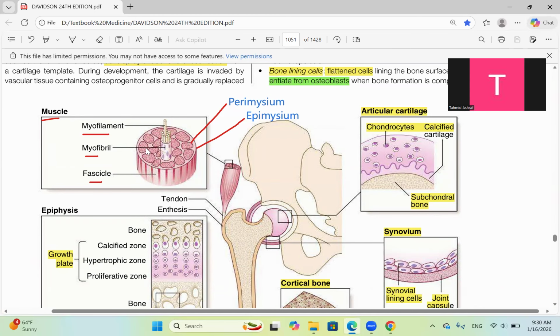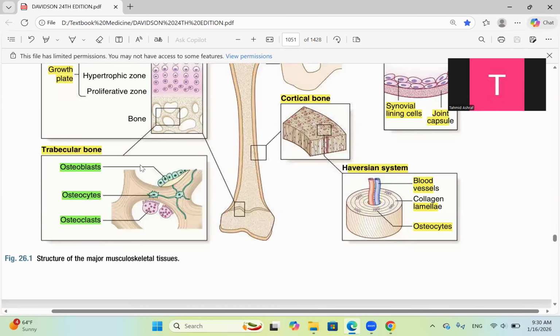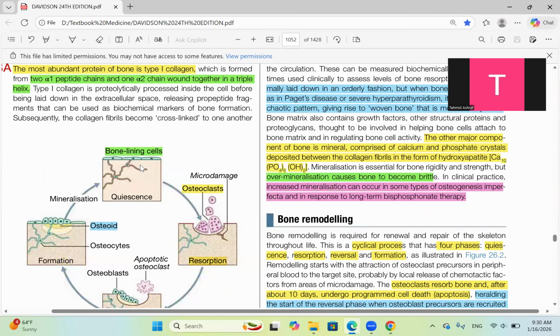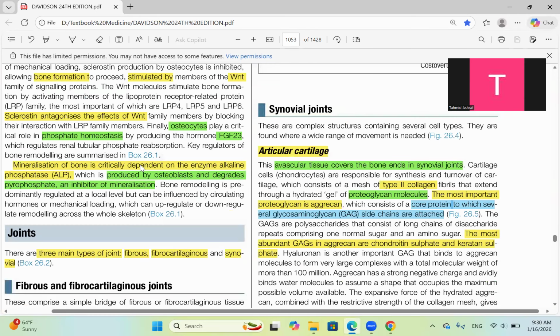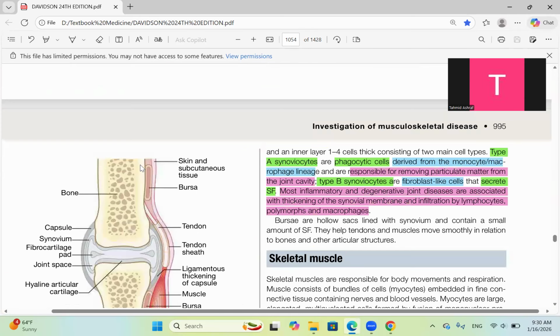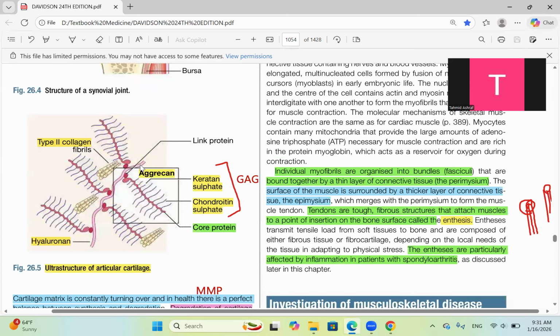Each fascicle is covered by perimysium, and the muscle as a whole is covered by epimysium.